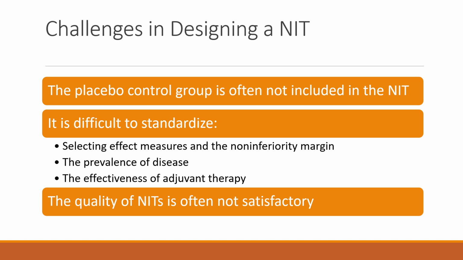Designing a non-inferiority trial can be quite challenging. Not surprisingly, the quality of non-inferiority trials is often not satisfactory. Two systematic reviews revealed that 83% and 90% of published non-inferiority trials concluded non-inferiority for the experimental therapy.